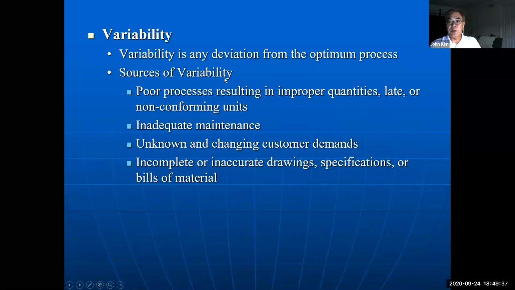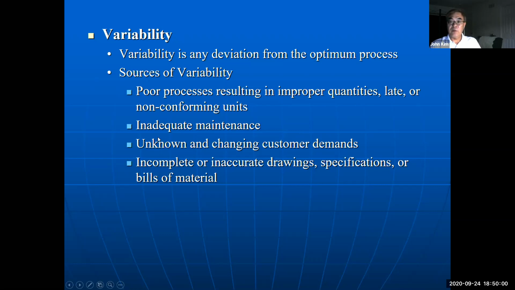Sources of variability: poor process resulting in improper quantities, late or non-conforming units, such as defects, delay, and amount differences, and so on.